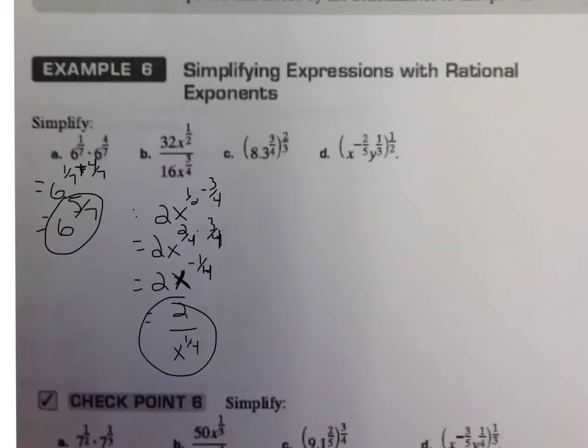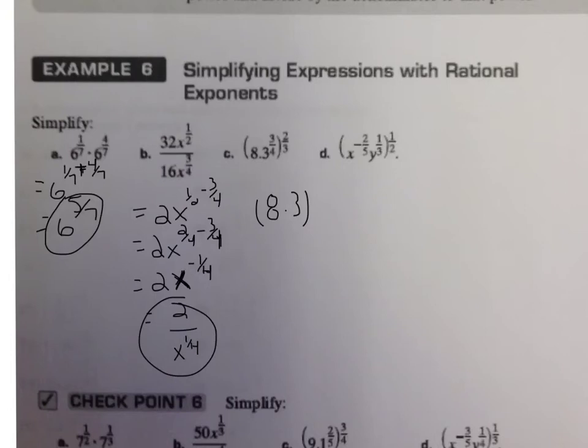C, we've got 8.3 to the 3/4 raised to the 2/3. We're going to multiply those because it's a power raised to a power. I didn't need the parentheses, but they're going to stay because I can't change them now.